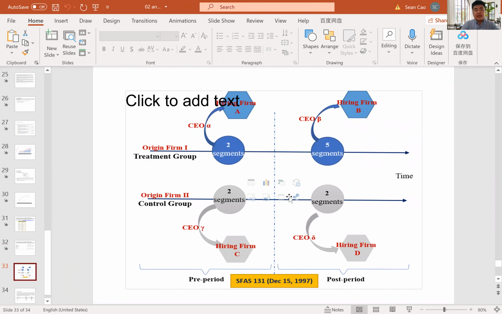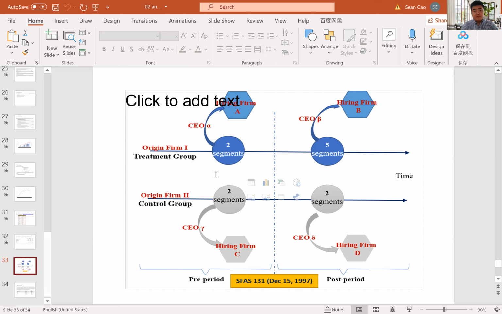So let's look at the setting, how exactly the setting has been tested. This is 1997. Before 1997, you can forget about the gray area, just forget about the blue area. Before 1997, companies report the segments in a very rough way.